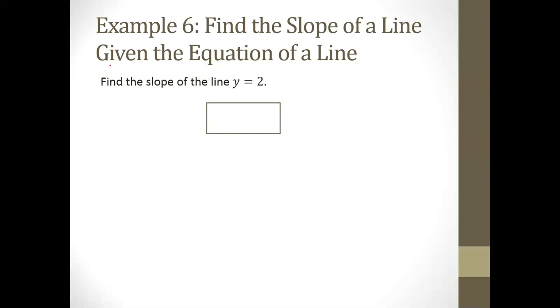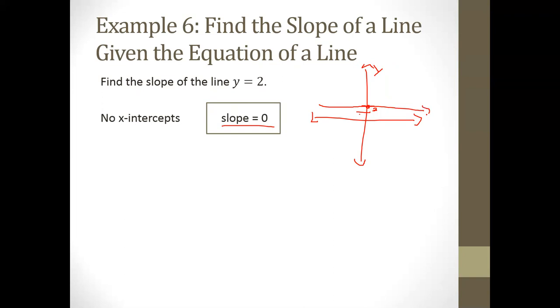On the flip side, if we have this equation, y equals 2, what would our slope be? Our slope is going to be 0. So if we have a coordinate plane and we graph the line of y equals 2, we would go to 2 on our y-axis, and the graph of the line would be a horizontal line left to right.